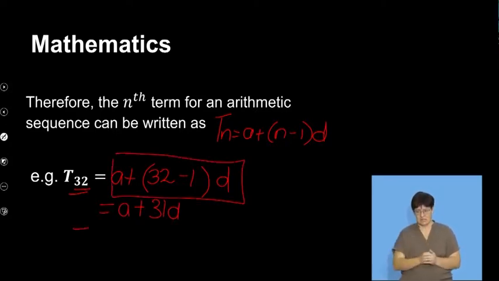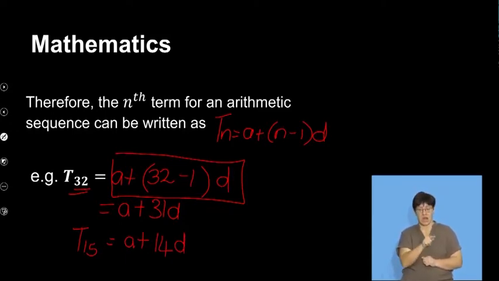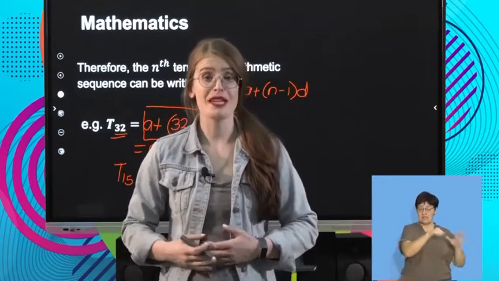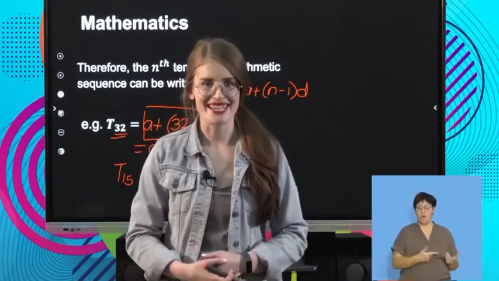Because I could say that term 15 is equal to A plus 14d. I'm hoping that everyone can see that the coefficient of the d is always 1 less than the term number. So term 16 will be A plus 15d. Term 20 will be A plus 19d.